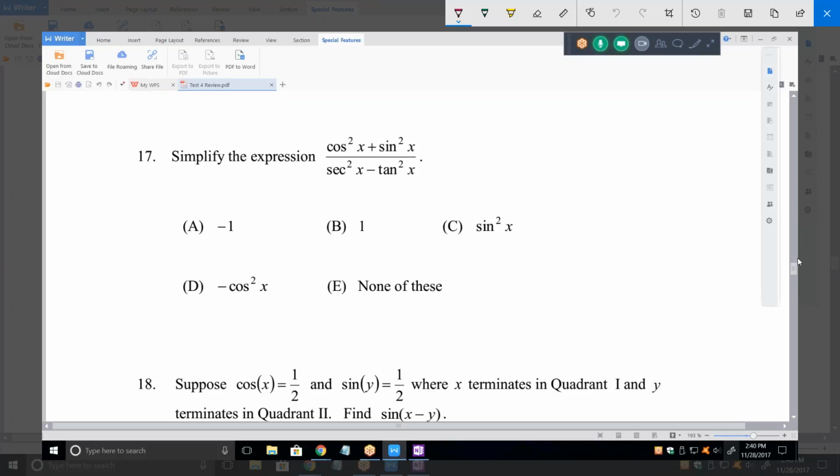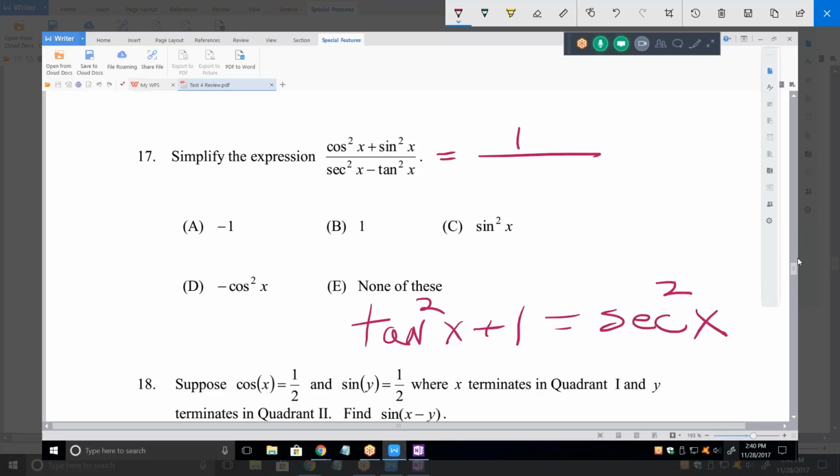All three Pythagorean identities involve the square of a trig function. Okay. So the top equals 1, right? Now, let's go back. They rarely give it to you in the way you memorize it. Notice that the way we memorize it is tangent squared of x plus 1 equals secant squared. That's the way you memorize it, but they rarely make it that simple.